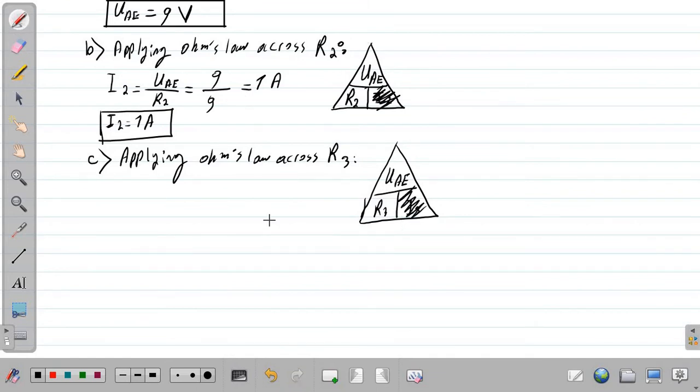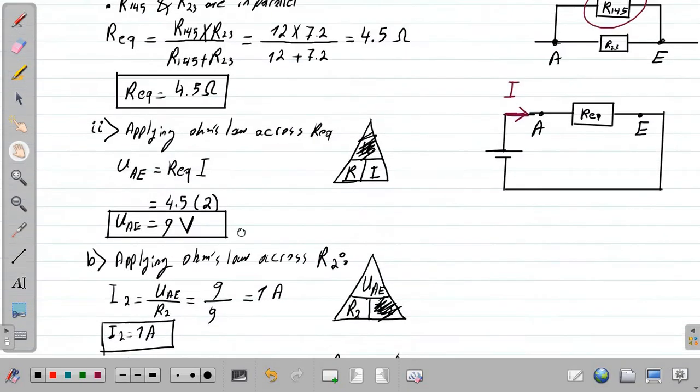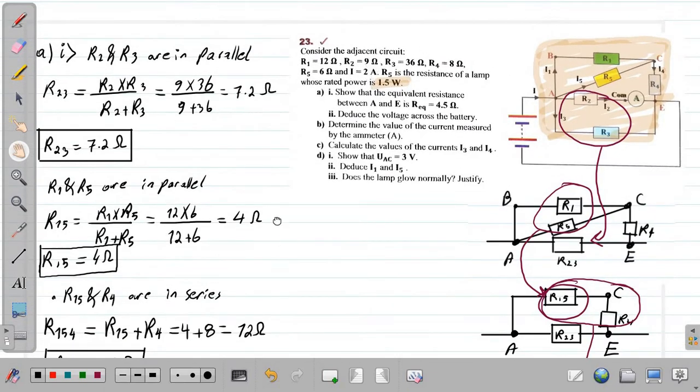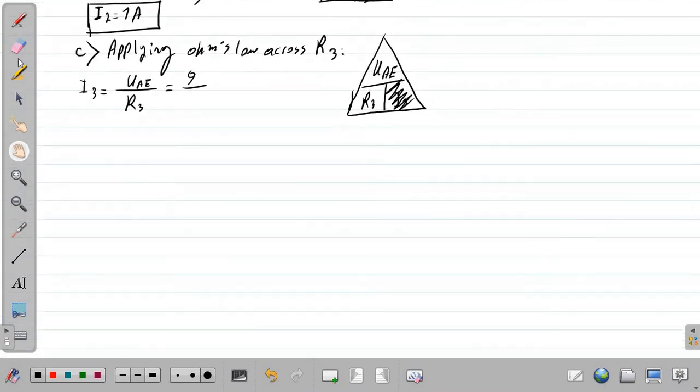We need to find I3, so I3 is equal to UAE over R3. UAE is 9 and R3 is 36. Plug this in the calculator. Finally, we will get that the current is 0.25. UAE in SI unit, R3 in SI unit, also the current in SI unit, and we know the SI unit of the current is ampere, so I3 is equal to 0.25 amp.